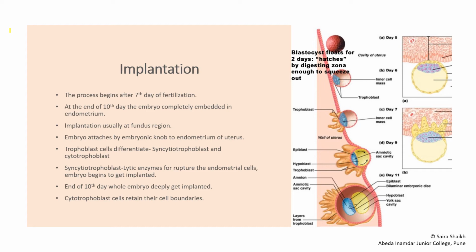These projections enter the endometrium to derive nutrition for the further growth of the embryo. The rest of the trophoblast cells are cytotrophoblast. This stage appears on the 10th day of fertilization.